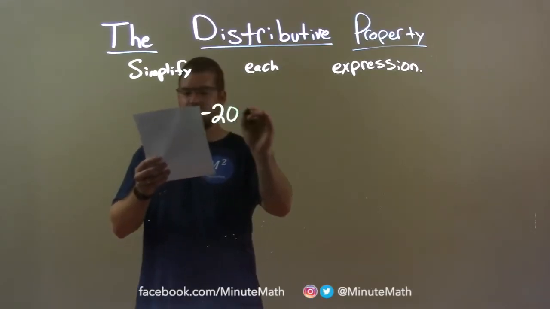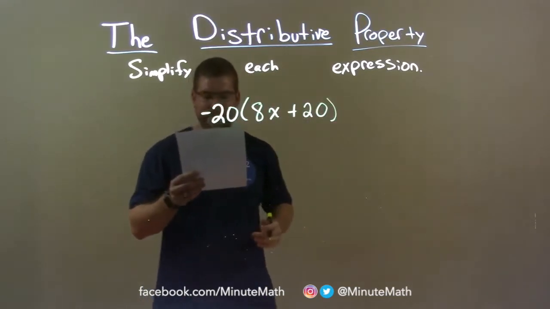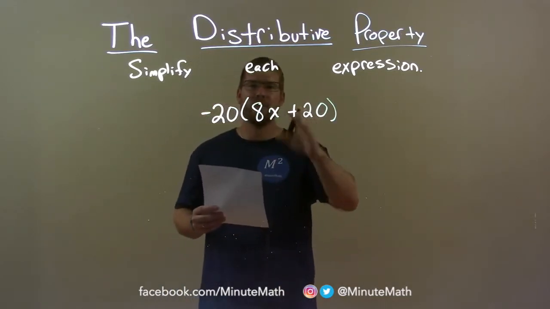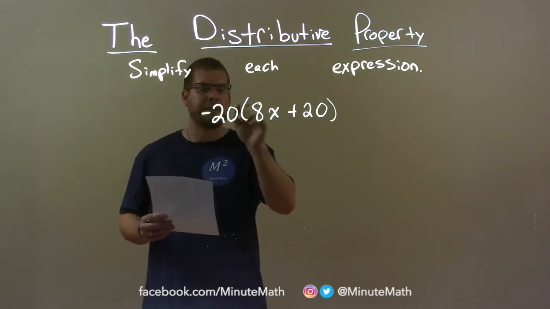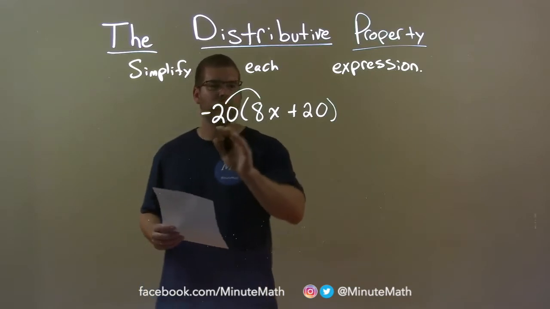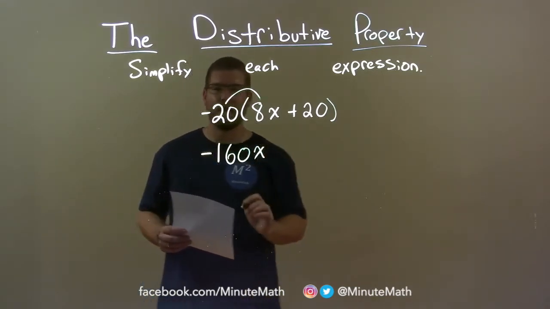Negative 20 times 8x plus 20, okay? Well, inside my parenthesis, I cannot combine these two, so I can't simplify them, all right? So now I have to deal with the distributive property. Negative 20 times 8x, we've multiplied this to both parts. Negative 20 times 8x is a negative 160x, okay?